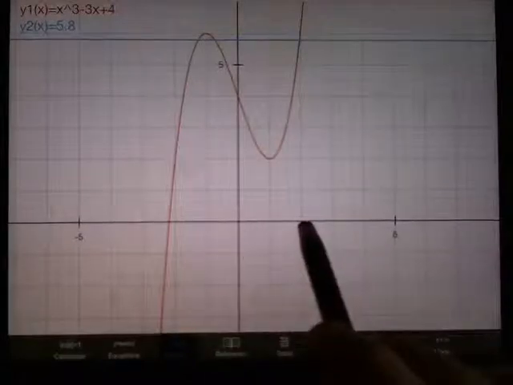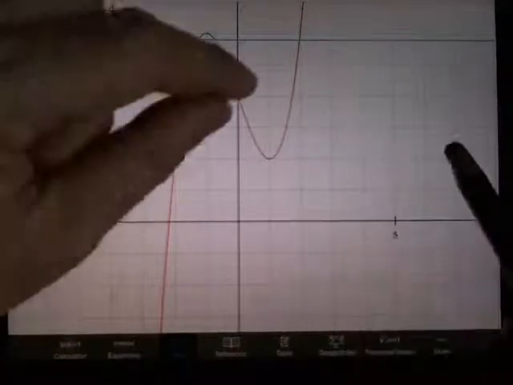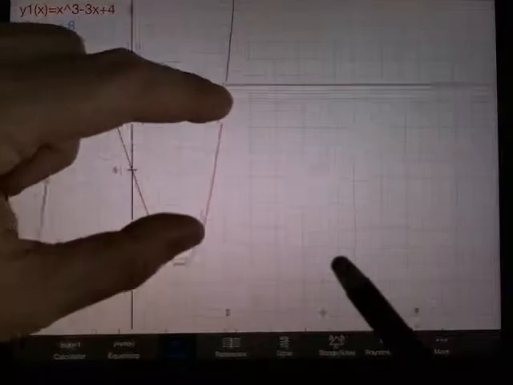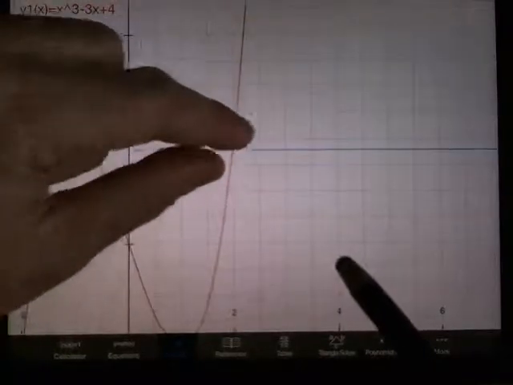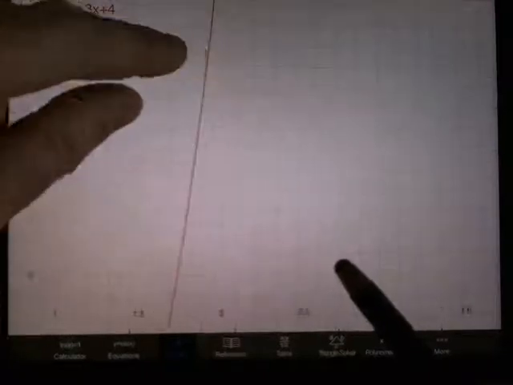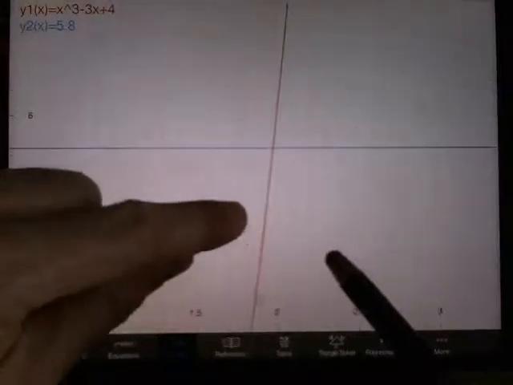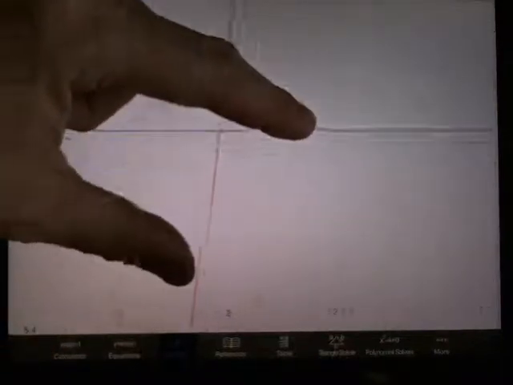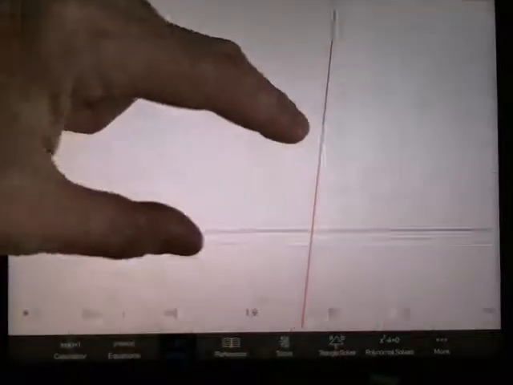I'm interested here in x close to 2, so I'm going to zoom in on this point right here. What I'm seeing here, I'm at 5.8, and I want to zoom some more. This has kind of a funky zoom to it, and I haven't quite figured out how to keep it centered.